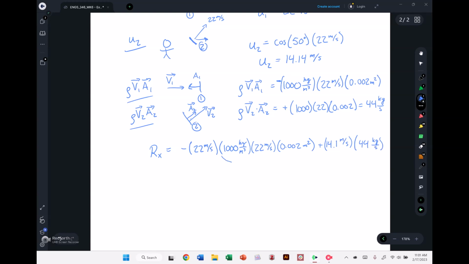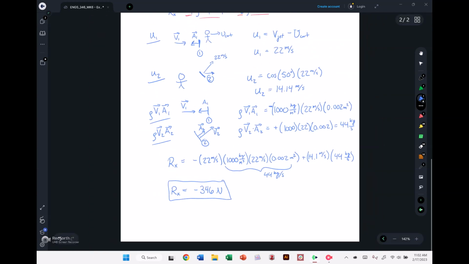And this part here is also 44 kilograms per second. So we can calculate this reaction force. It is negative 346 newtons. So this is saying it's 346 newtons to the left in our picture.